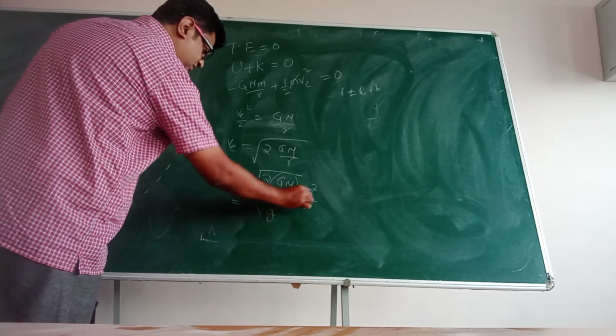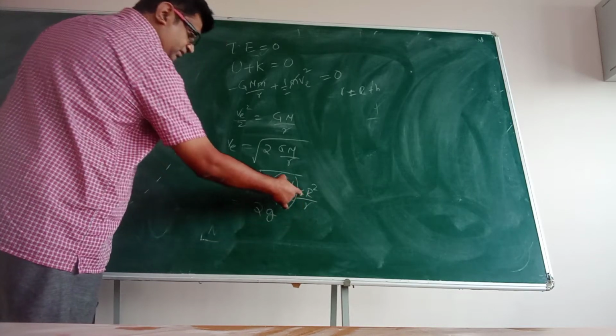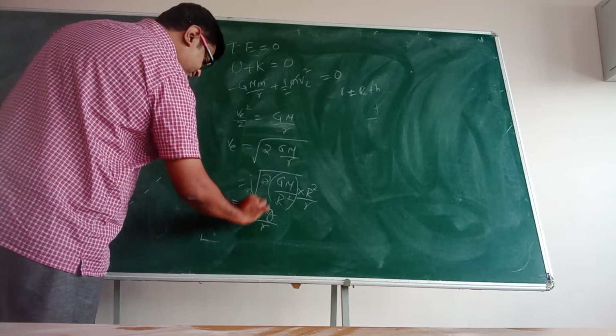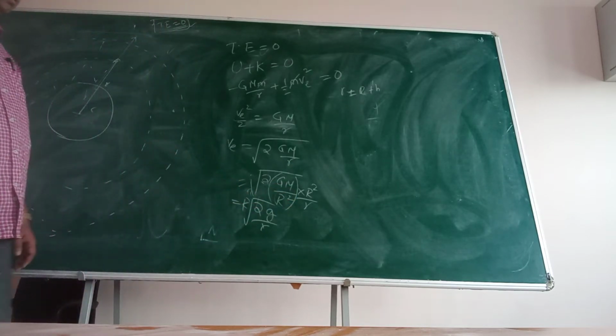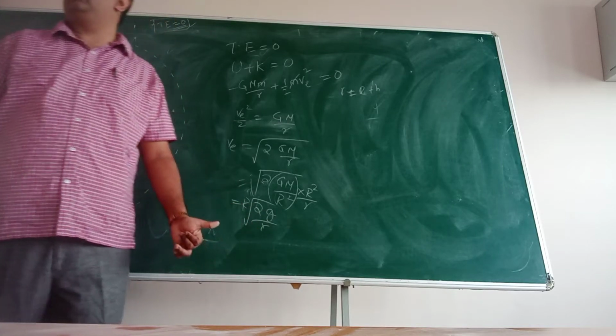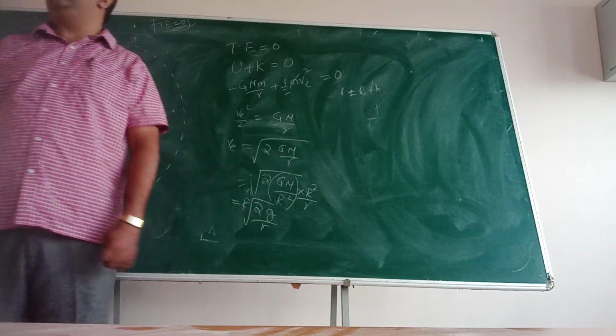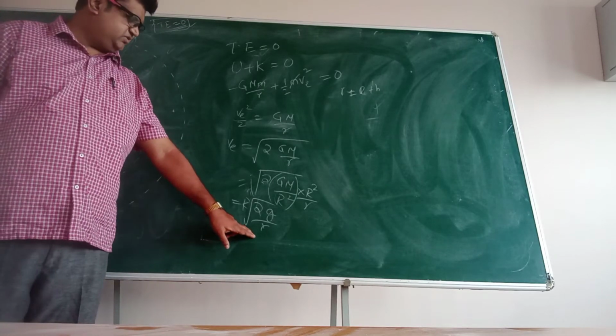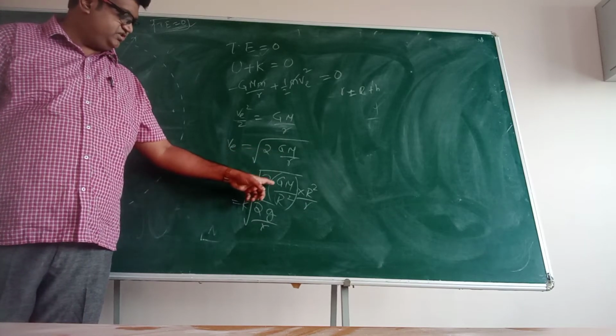So R square is there, and R is coming out. You are actually getting 2 into g by R into capital R, where small r I am saying is R plus H. Is the calculation correct? GM by R square.